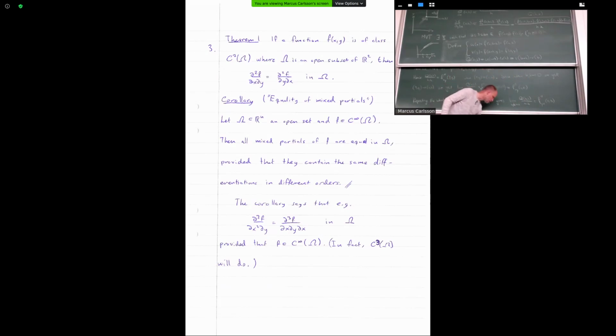Yeah, and now since I expressed this partial derivative and that partial derivative as the limit of the same thing, then they must be the same.